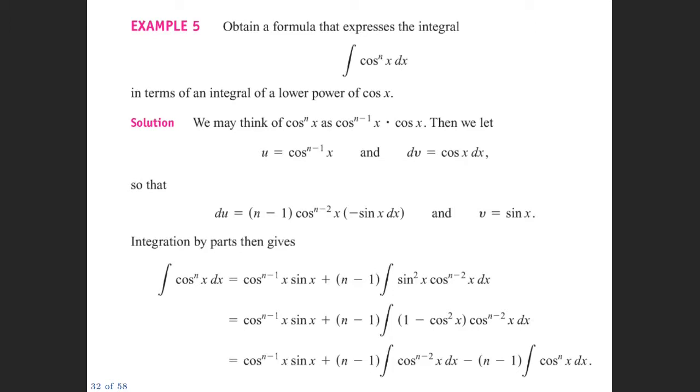We're going to think of the integrand, instead of just cos to the power n, as cos to the power n minus 1 x multiplied by cos x. The first one we're going to call u, and the final cos x will be our v. Or to say it another way, dv will be cos x dx.